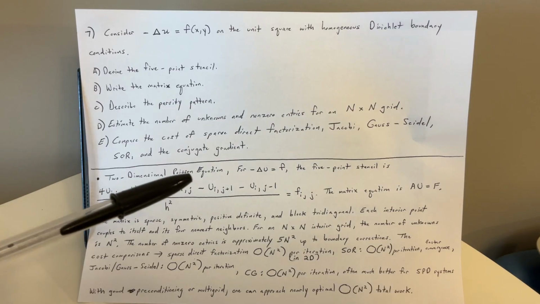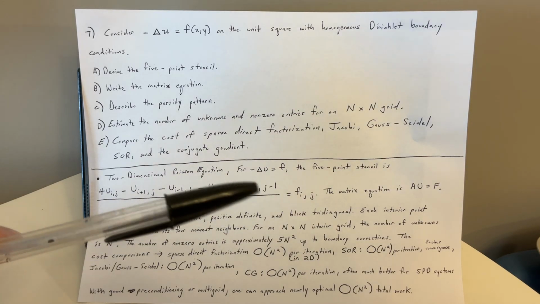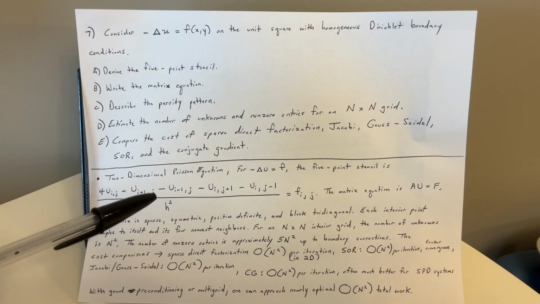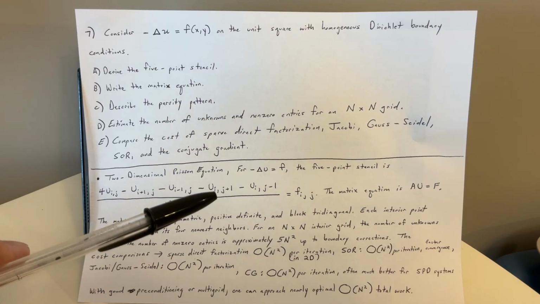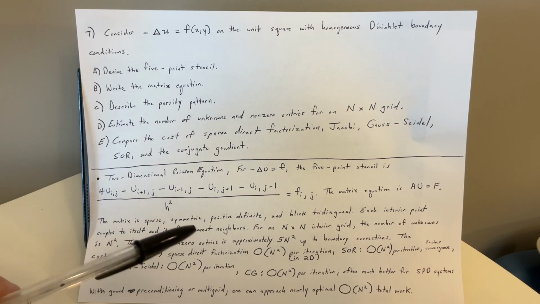So this is a two-dimensional Poisson equation, and for negative delta U equals F, the 5-point stencil is 4 U sub i,j minus U sub i plus 1,j minus U sub i minus 1,j minus U sub i,j plus 1 minus U sub i,j minus 1, over h squared, and that is equal to F sub i,j.